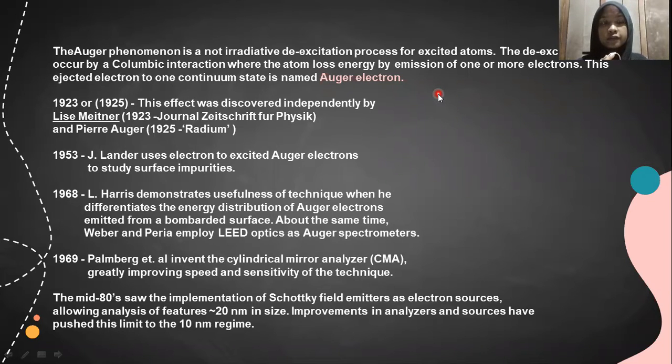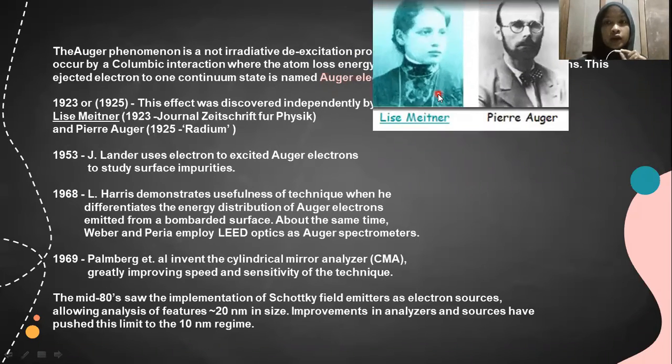The history of Auger electron spectroscopy. The Auger phenomenon is a non-radiative de-excitation process for excited atoms. The de-excitation occurs by a Coulombic interaction where the atom loses energy by emission of one or more electrons.